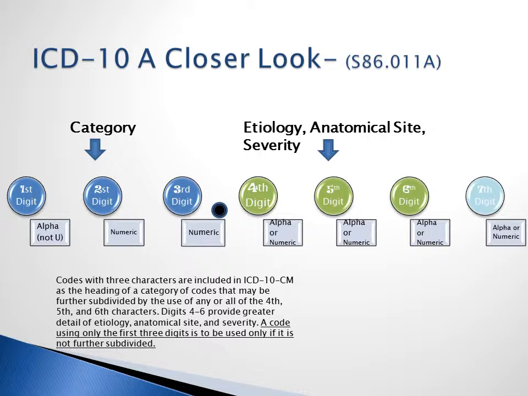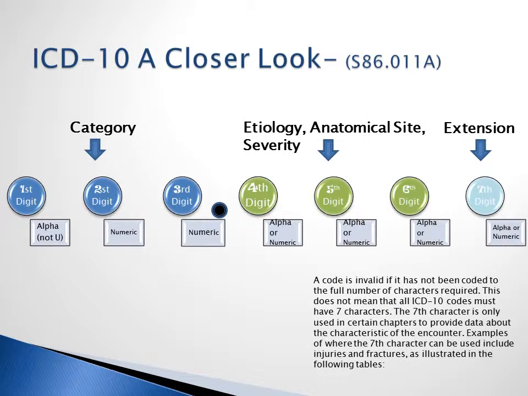S86.01 is strain of Achilles tendon, and S86.011 is strain of right Achilles tendon. As you can see, as the digits are added, it becomes a more specific code. The 7th digit is an extension, and it can change the meaning of the descriptor. In this case, the A stands for initial encounter.